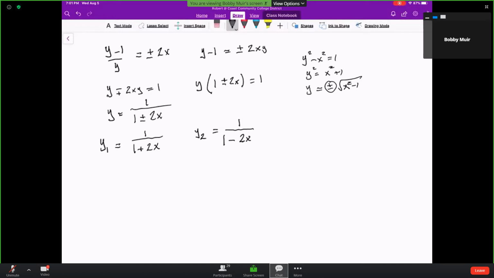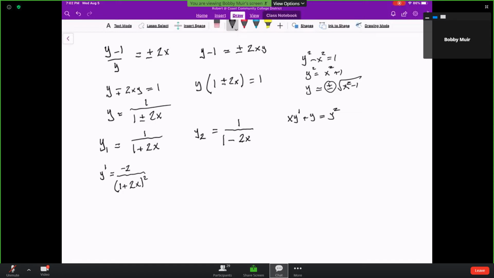The original differential equation was x y prime plus y equals y squared. Okay, so let's do the derivative here: the derivative of the top times the bottom minus the derivative of the bottom times the top, all over the bottom squared.